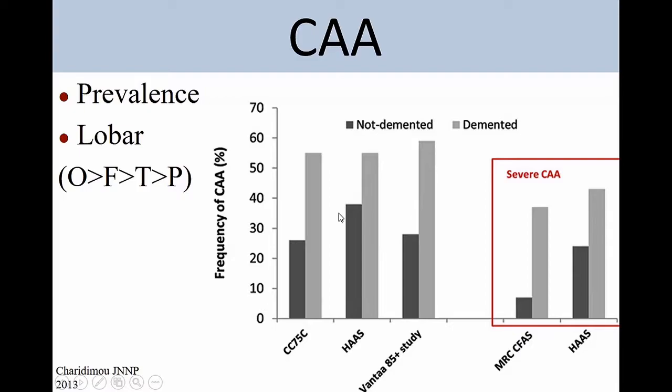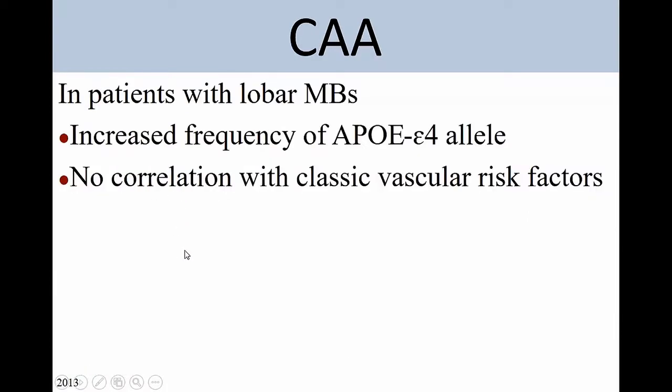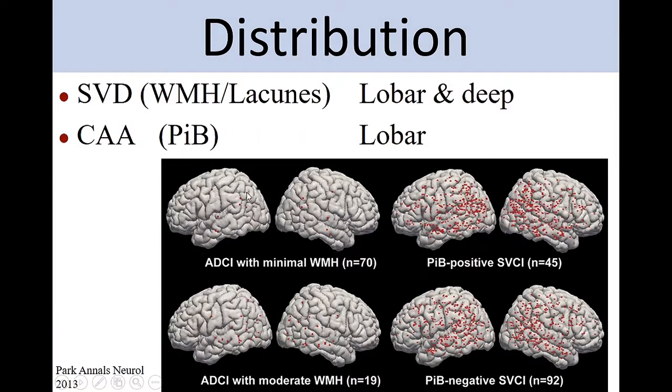The prevalence of the lobar distribution decreases. It's mostly occipital and then frontal, temporal, and parietal. And the distribution, I mentioned it earlier. So small vessel disease, as I said, is lobar and deep, and CAA is lobar. And this could help us in differentiating between those two forms of small vessel disease.